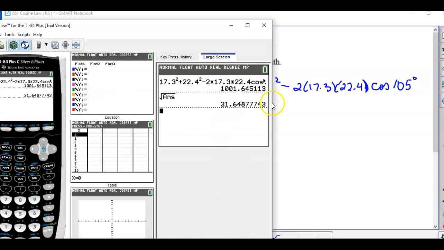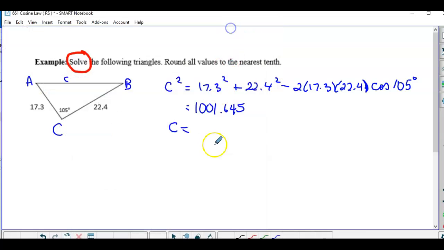So I'm going to go 31.649. And so that's our side C. We now need to get the angles, right? I'm going to use the cosine law just because this is the topic for today, so I might as well get some practice on it.